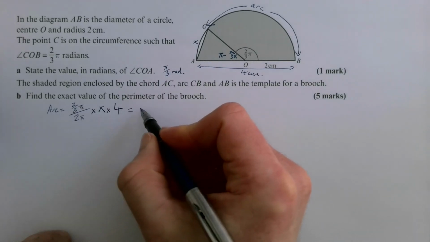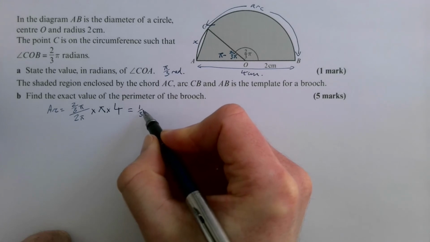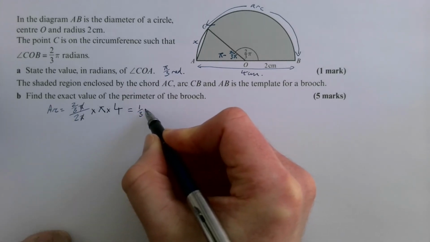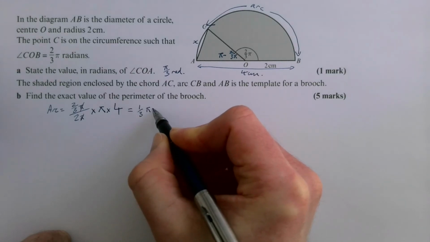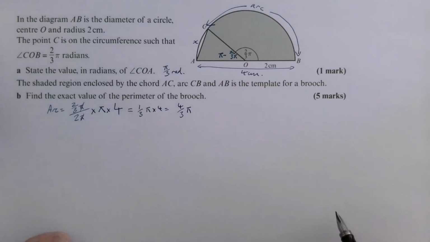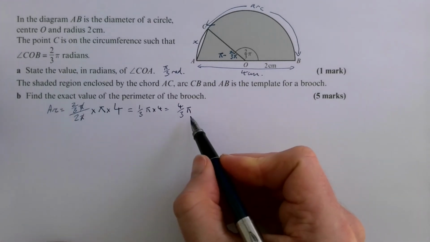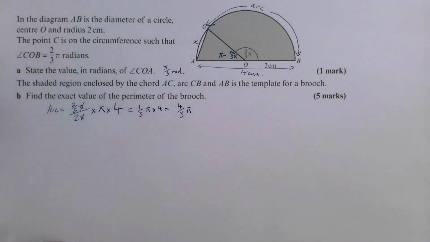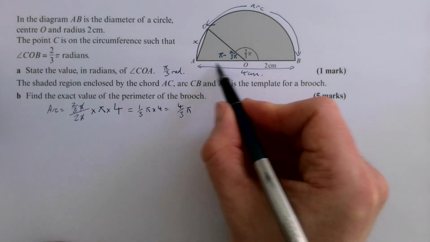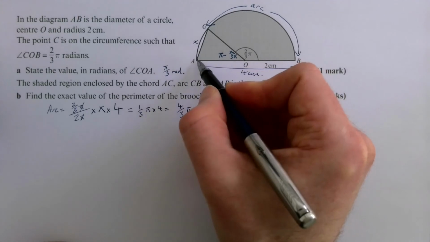That's going to give us 1/3 there, isn't it? The pi's cancelled, but we've still got a pi there. Pi times 4, so it's going to be 4/3 of pi. Now they want the exact value, so there's no point working out what 4/3 of pi is for the arc. We've also got the 4 centimeters there, and we need to work this out.